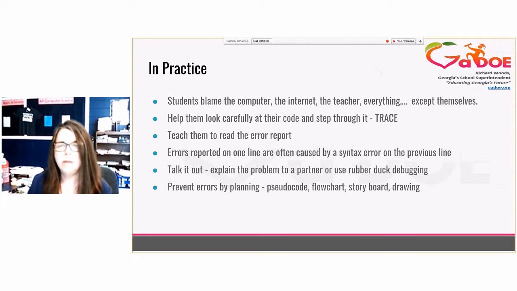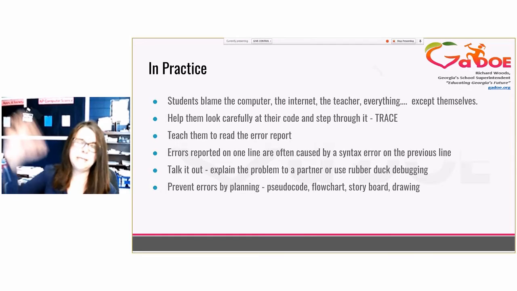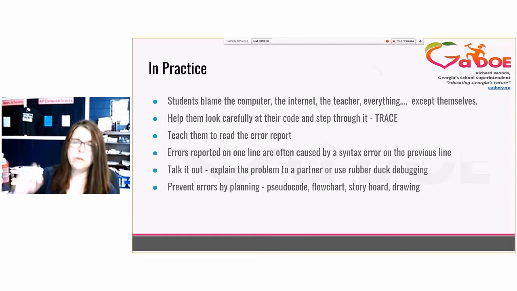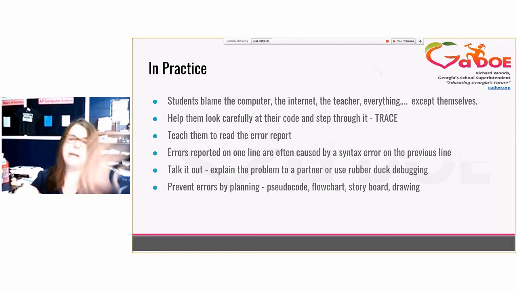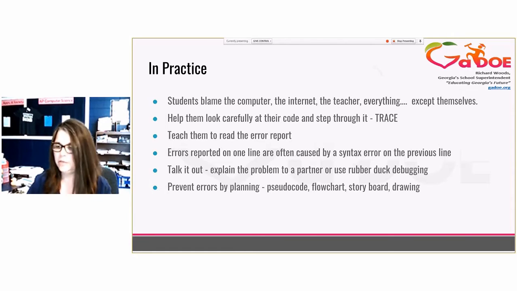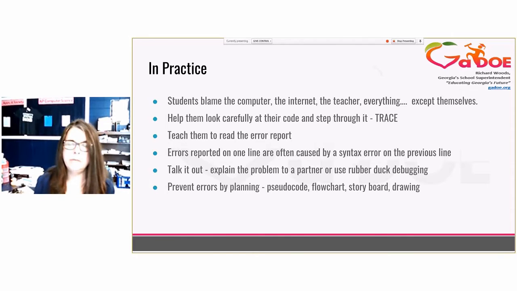But if we're doing written code, I trace everything, and that means I set up my variables on the board. If it's a loop, I show the loop, and I encourage the kids to do it. I feel like there's no way you can possibly interpret code without tracing it. And if it's a little bit more nuanced bug, you really need to get in the habit of tracing your code in order to see that.